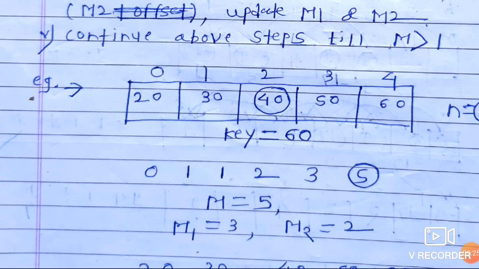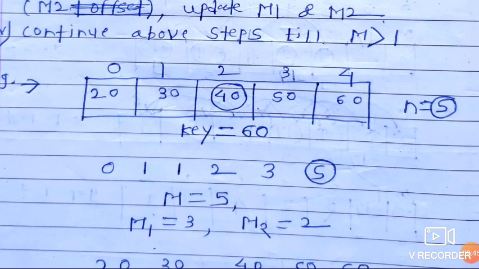Once we generate the Fibonacci series, we calculate value m. Value m is the value from the Fibonacci series which is immediately greater than or equal to n, where n is the number of elements in the array.